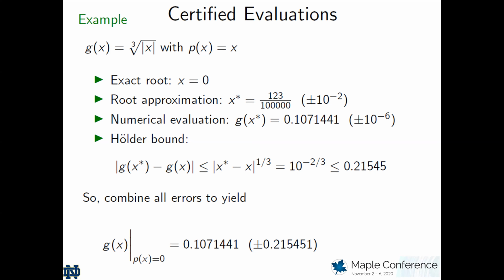And then we can combine all the errors. So we have the Holder bound error as well as the numerical evaluation error to be able to compute that G evaluated at the root is somewhere contained in this interval from this number and the given error.